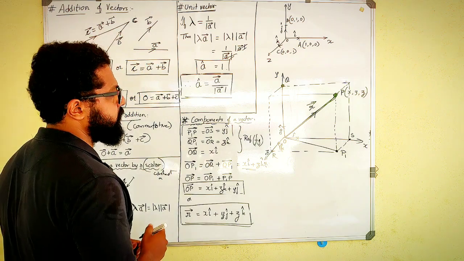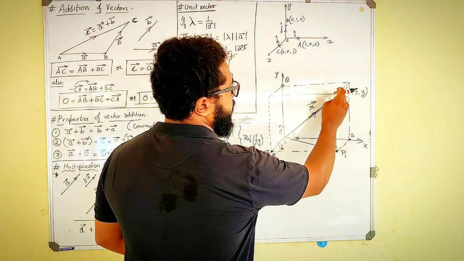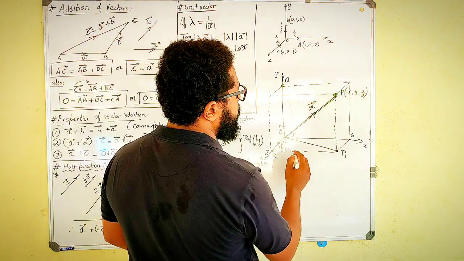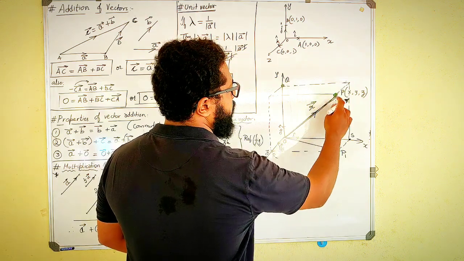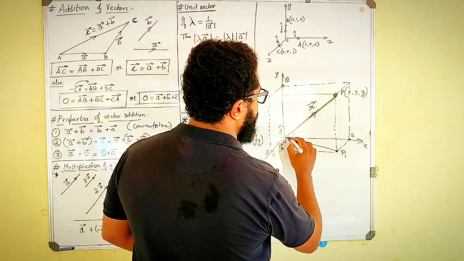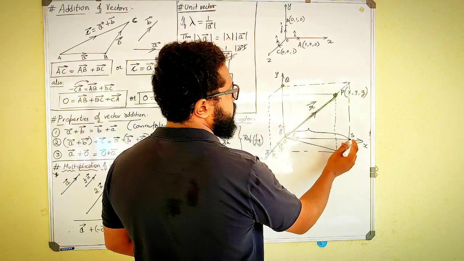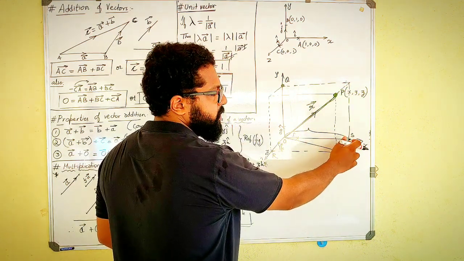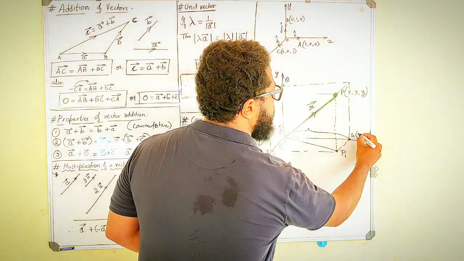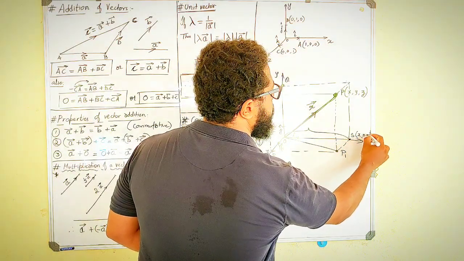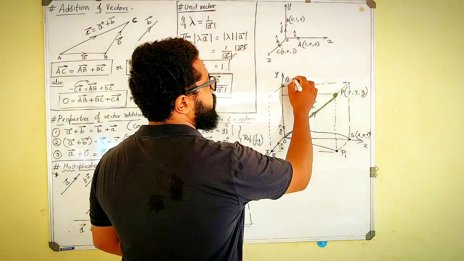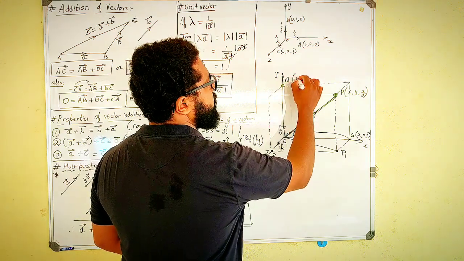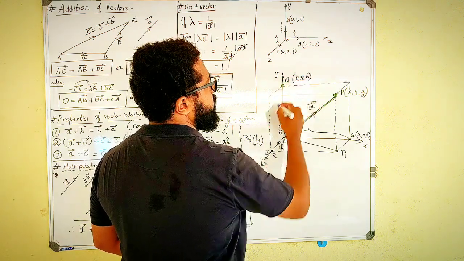All these x, y, z coordinates are going to form in this way. When this is OS, the distance is x, correct? From here to here when I am dropping, this S will have its coordinate as x, 0, 0. And this y coordinate Q will have its coordinate as 0, y, 0.